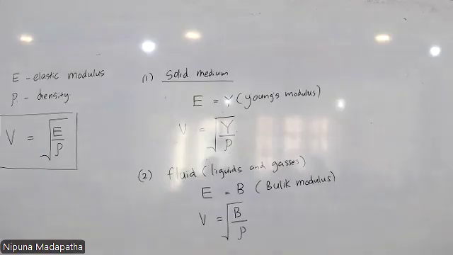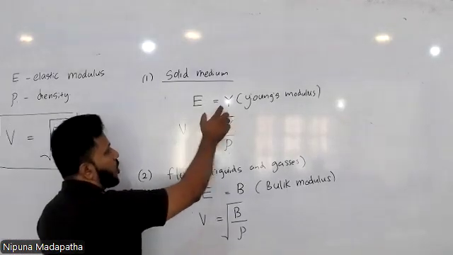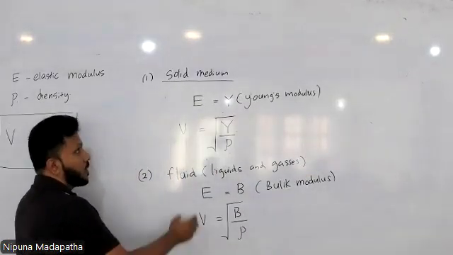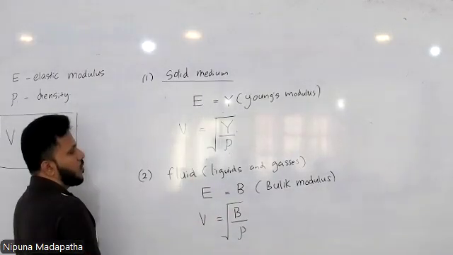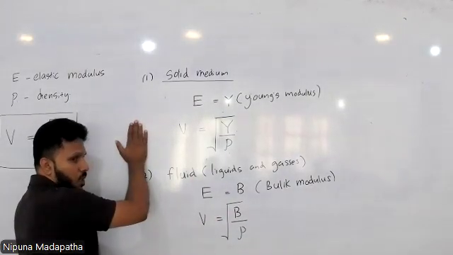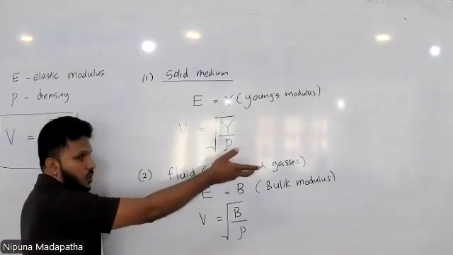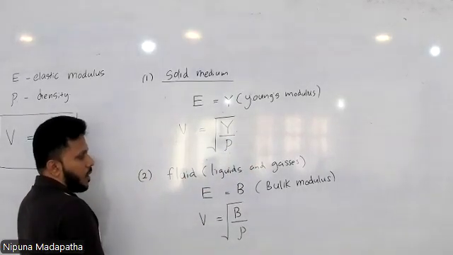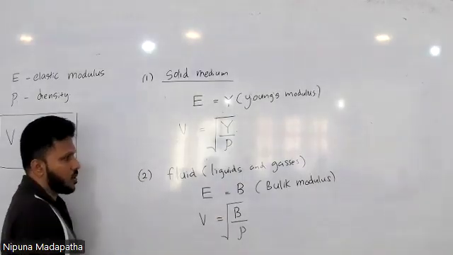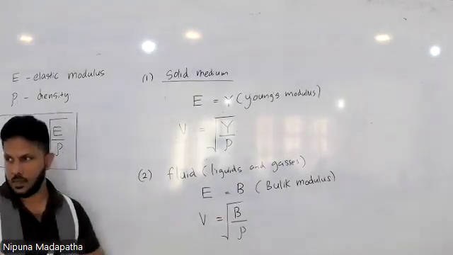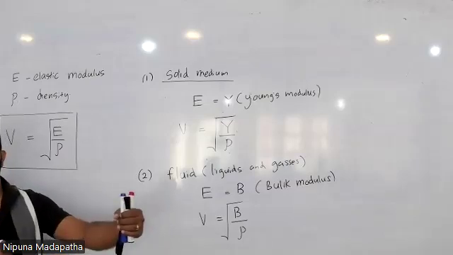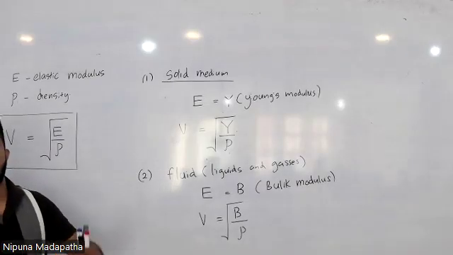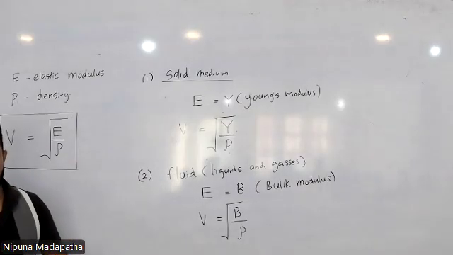The only thing is that the elastic modulus changes with the nature of the medium. If it is a solid, the elastic modulus is known as Young's modulus. If it is a fluid, liquid or gas, the elastic modulus is the bulk modulus, because fluids have bulk properties. If we apply pressure, the volume changes.